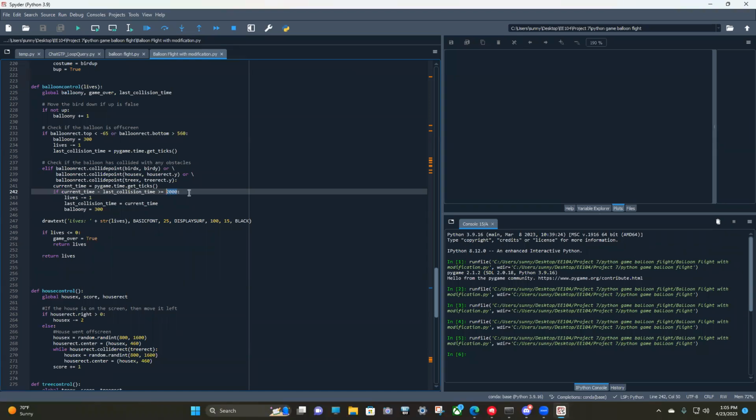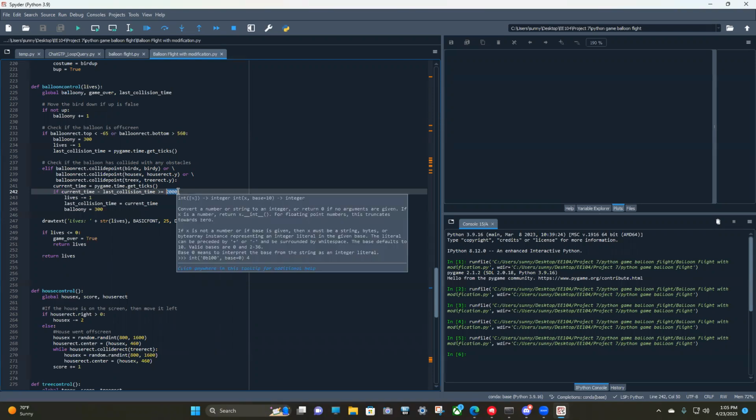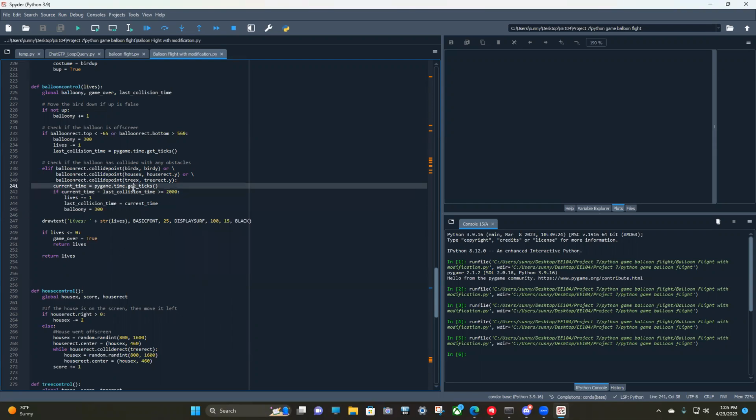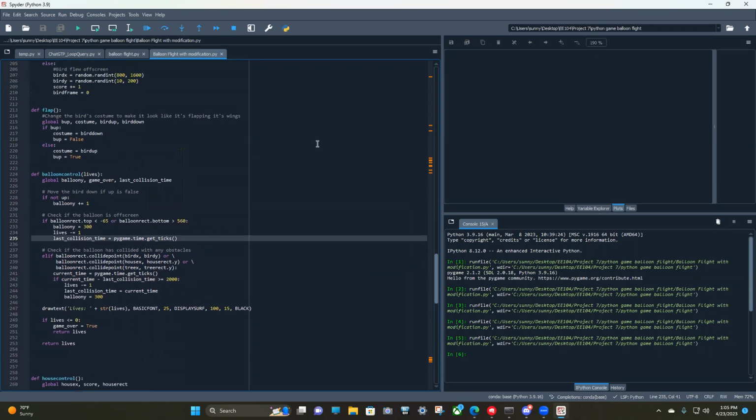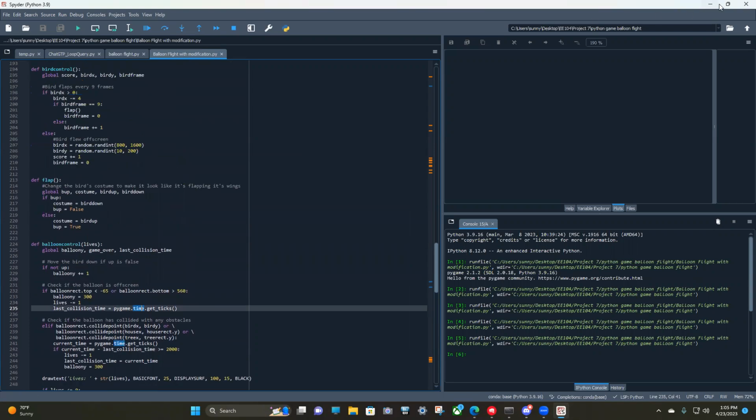You can make it higher or lower. If I don't set this, what happens is I get hit multiple times instead of one time. So I can get hit one time every 2 seconds. Within that 2 second period, I can get hit once. So that's pretty cool. And that's how my lab works.